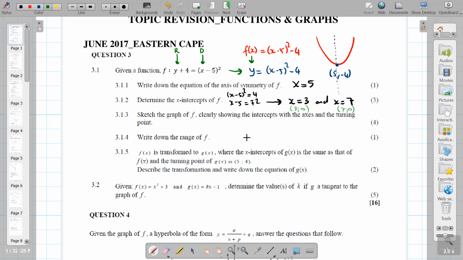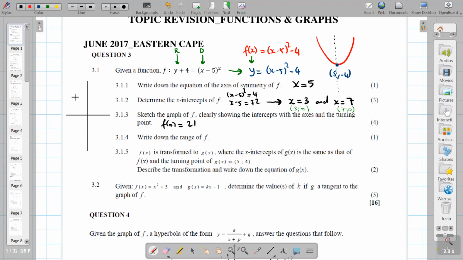Now sketch the graph with the turning point and x-intercepts. We didn't get the y-intercept at the moment, but what is f of 0? It gives the y-intercept. That gives us negative 5 squared, which is 25, so it's 21. Then the graph can easily be drawn. So I can just draw quickly on that side. We plot the values.